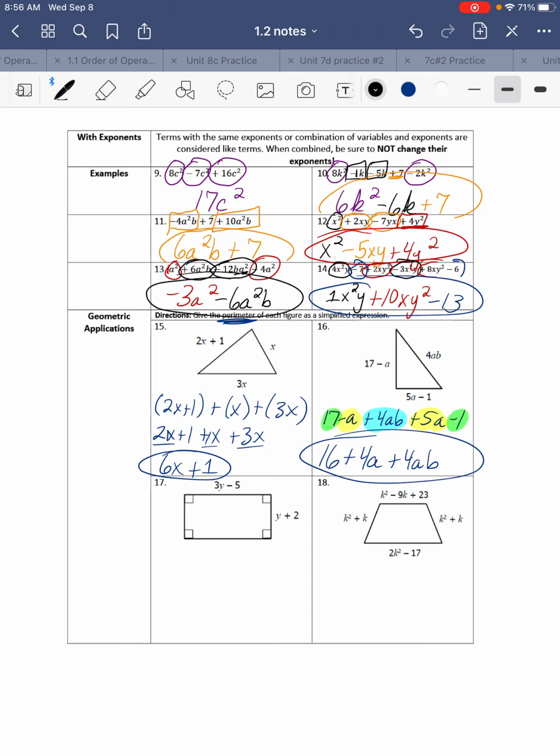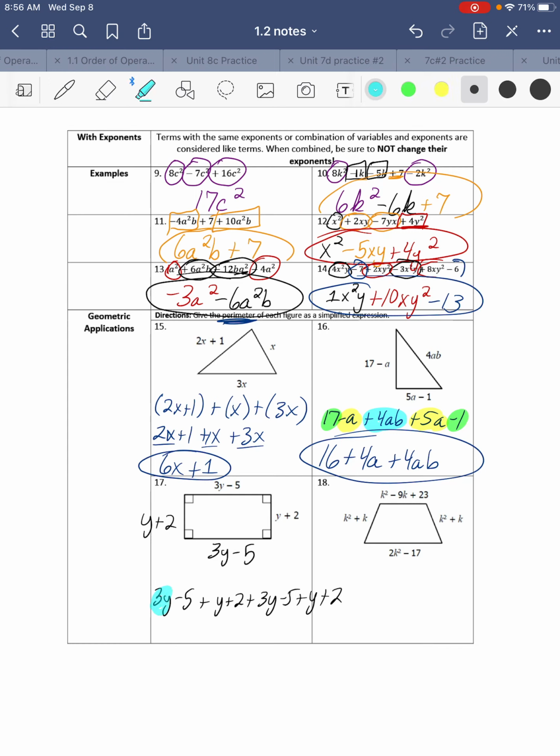All right, next one we have a rectangle. A rectangle means that the opposite sides are exactly the same. So we add up the outsides. It doesn't matter the order you add them in. 3y minus 5 plus y plus 2 plus 3y minus 5 plus y plus 2.